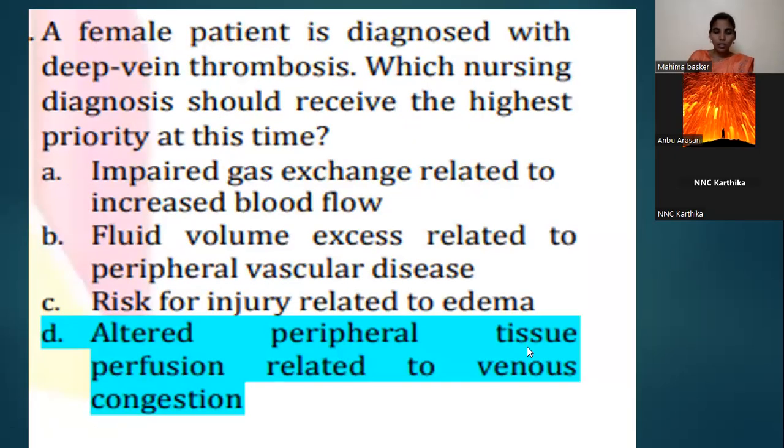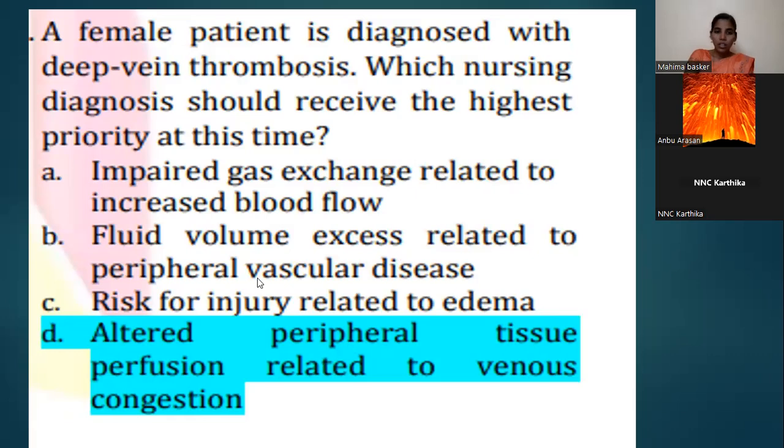Next one. A female patient is diagnosed with a deep vein thrombosis. Which nursing diagnosis should receive the highest priority in time? Here, see: impaired gas exchange related to increased blood flow. That is wrong. Increased blood flow will not cause impaired gas exchange.